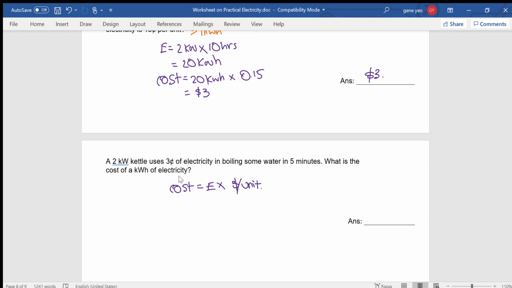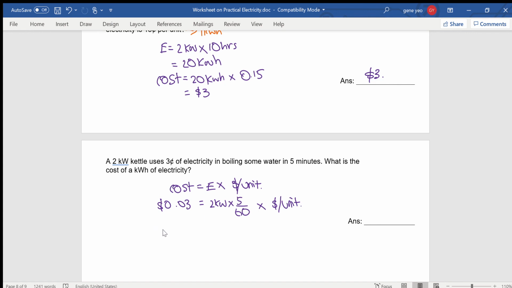Okay, so in this case the cost is 3 cents, so it's 0.03. The energy in kilowatt hour is 2 kilowatt times hour, 5 minutes over 60, and the cost per unit.